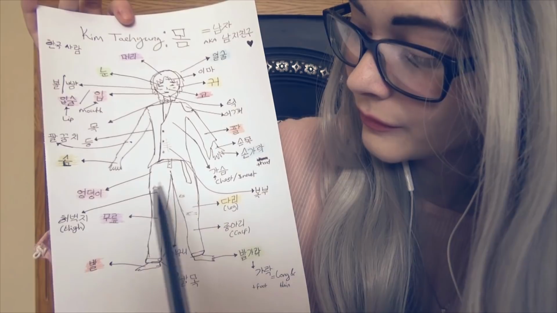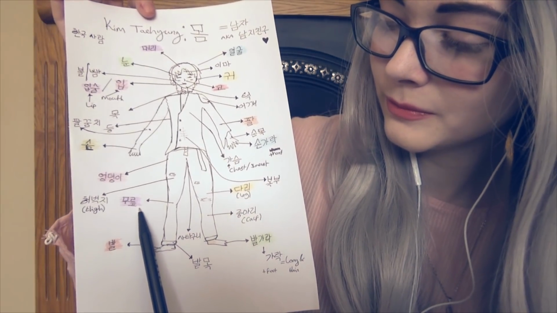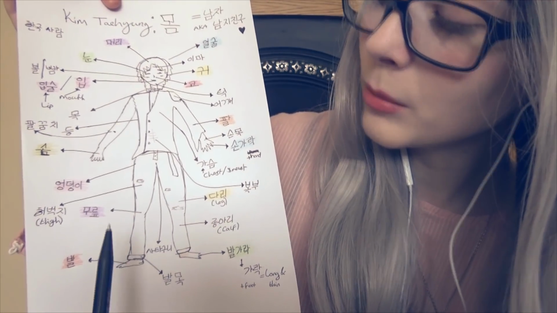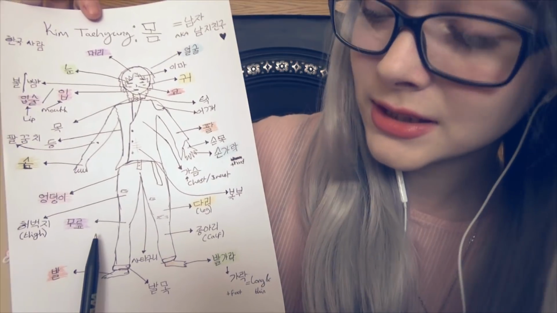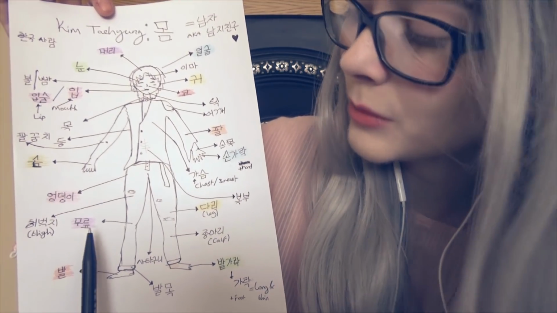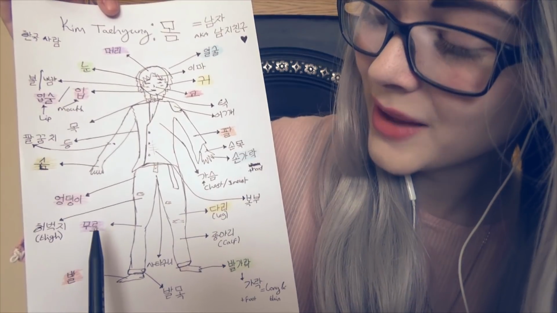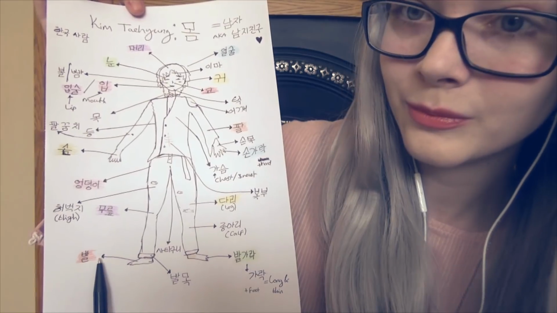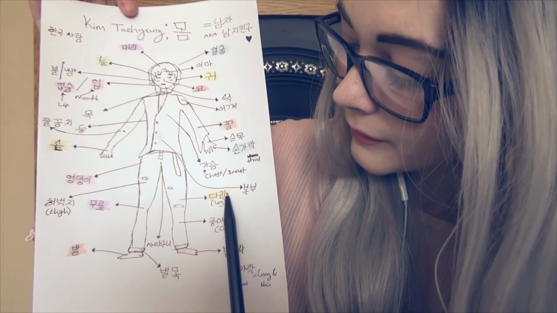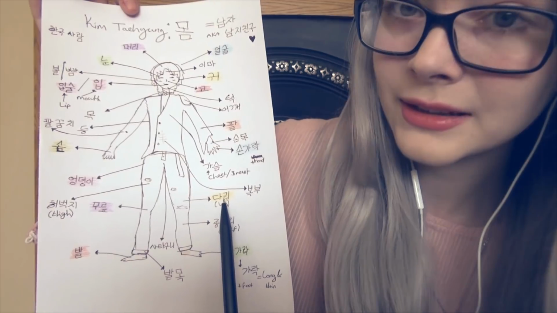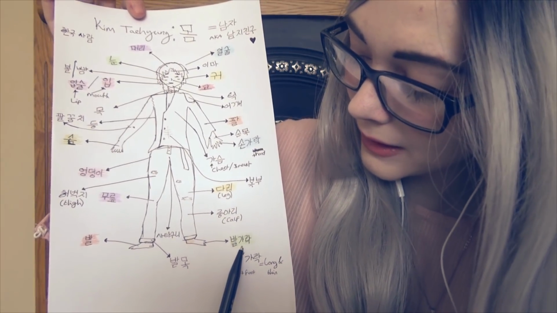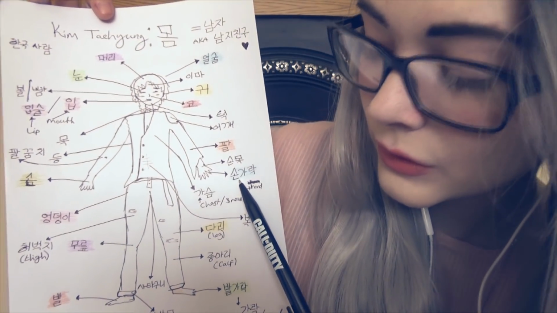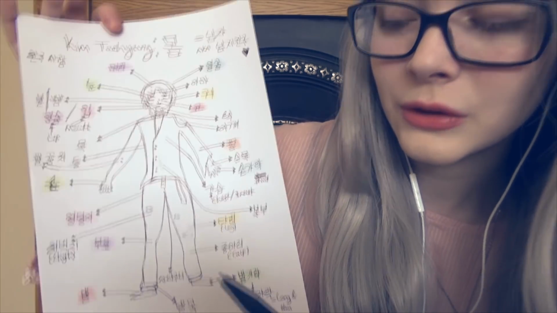발. What's this? Actually, that is another word which we haven't come across today, but it means your knee. 발, 다리, your leg, and 발가락, your toe, and 손가락, your finger.